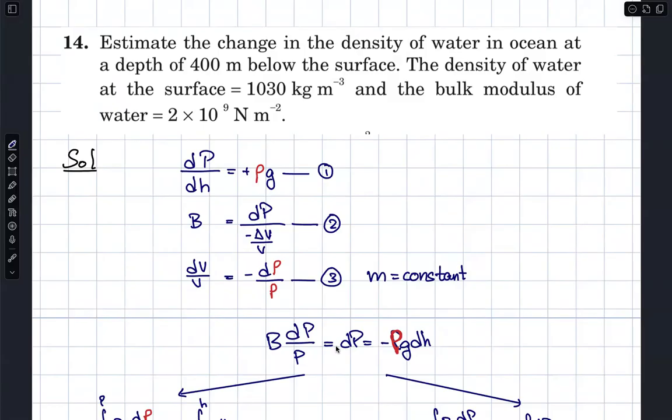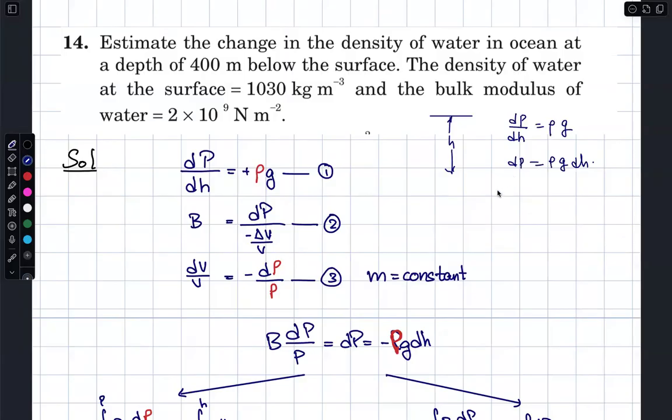As you know, as the depth increases, the density keeps changing, so you are not supposed to write the pressure formula as rho g h. I told you n number of times, dP by dh is rho g. dP is rho g dh.